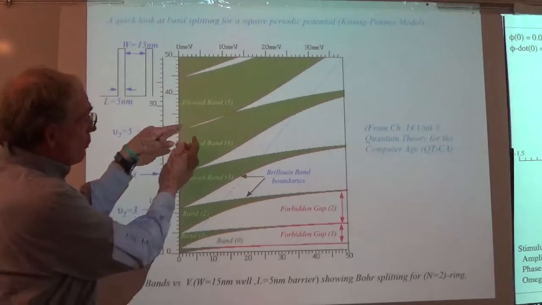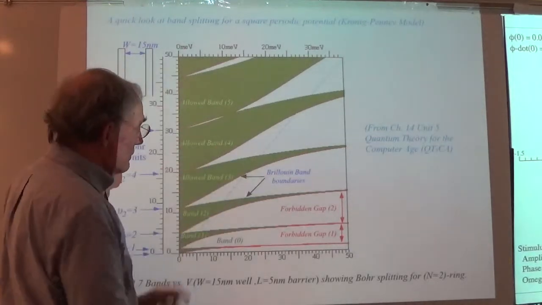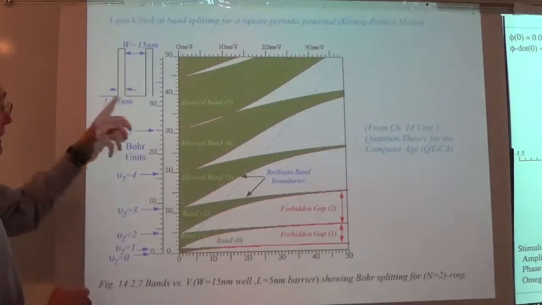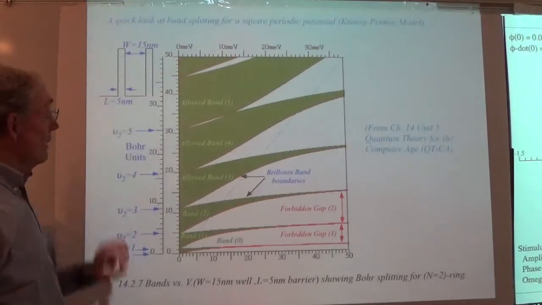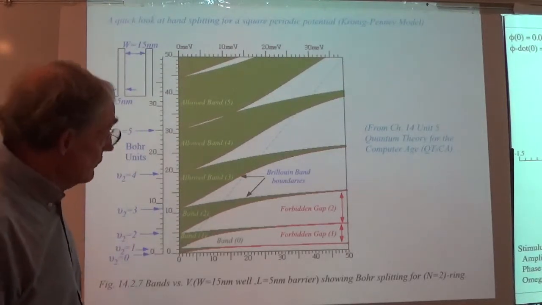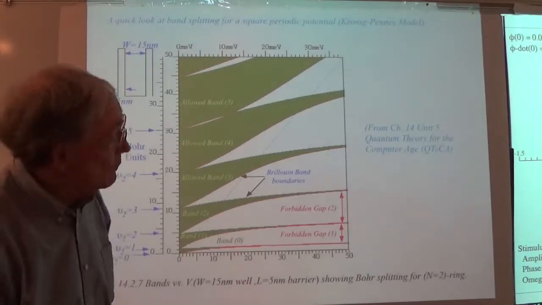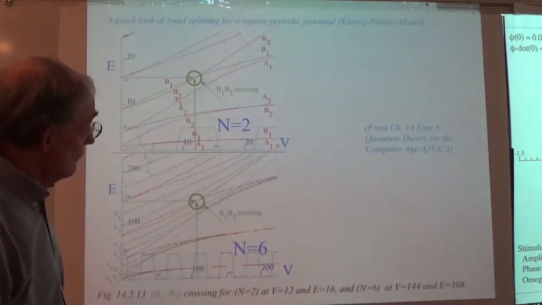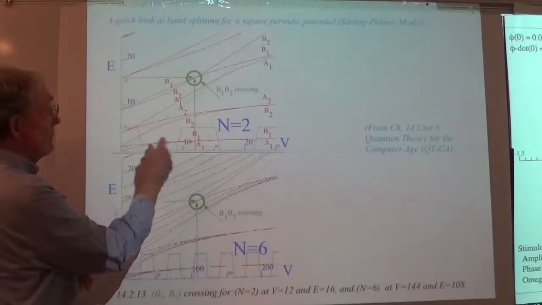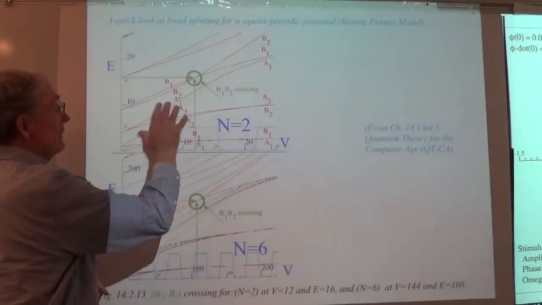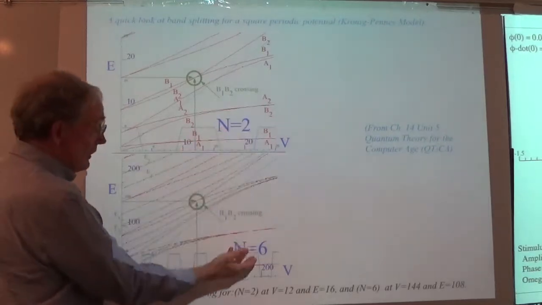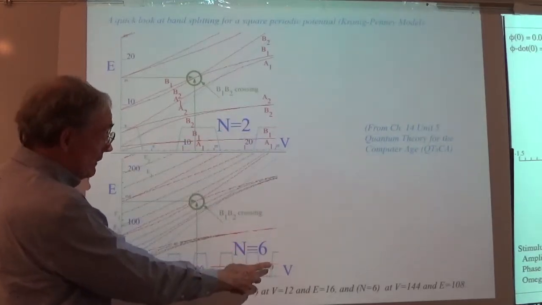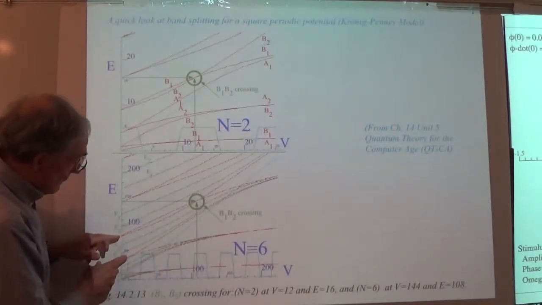And these bands cross. There's all kinds of weird stuff going on when you have a lot of Fourier components in your potential, enough to make a square potential in particular. So that's worth noting. And then if you're just looking at n equals 2, remember, you just get the outsides of the bands. But if you go n equals 6 and make it periodic in 6, then you look at a lot more states.